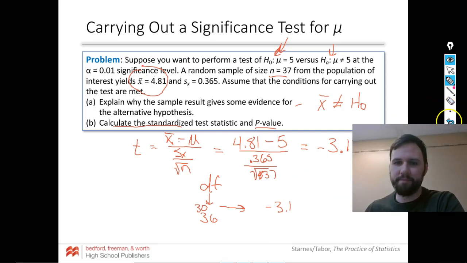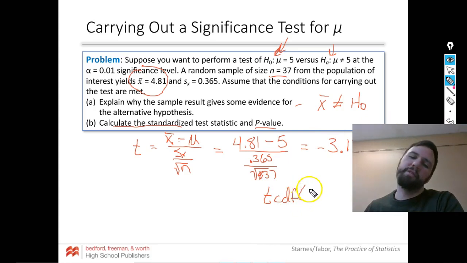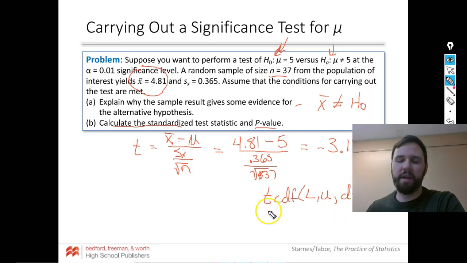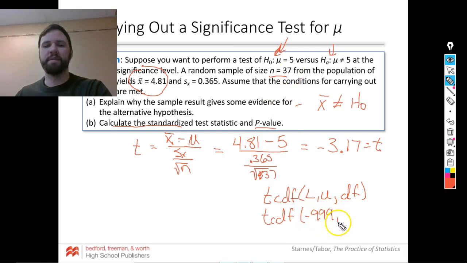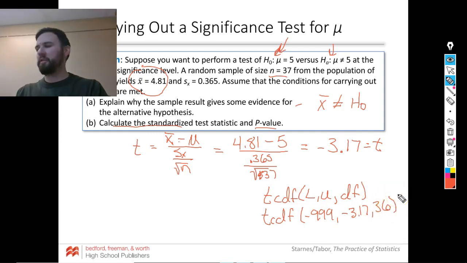It's tcdf(lower, upper, degrees of freedom). Since it's not equal to, I need to find the lower and the upper, so I'm going to find my lower and times it by 2. So I'm going to do negative 99999, negative 3.17, and my degrees of freedom are 36, that's 37 minus 1.